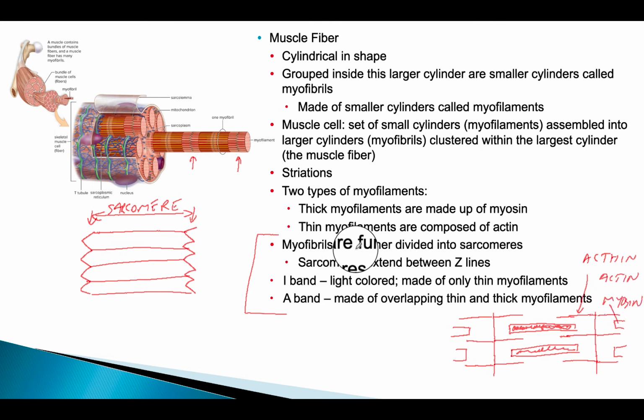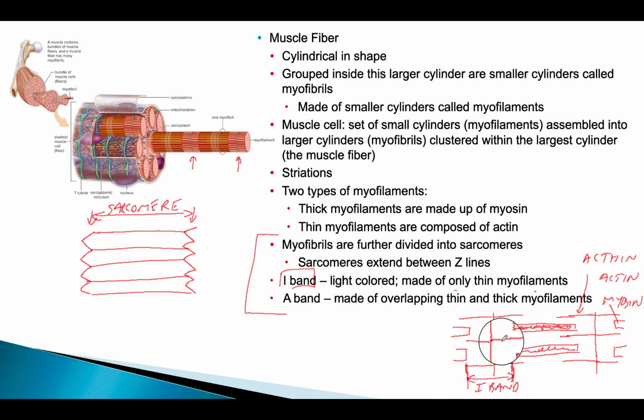All right, so myofibrils, once again, are further subdivided. You have your sarcomere right here. You have the I band, which is the light colored, made of only the thin myofilaments. So this part, from this point right here up to here, is known as your I band.